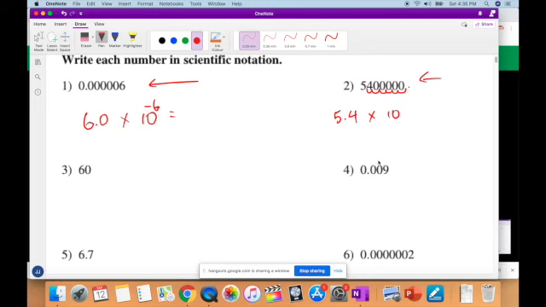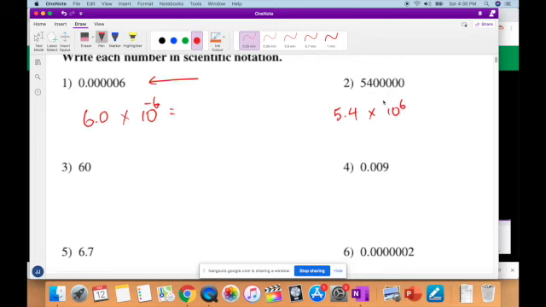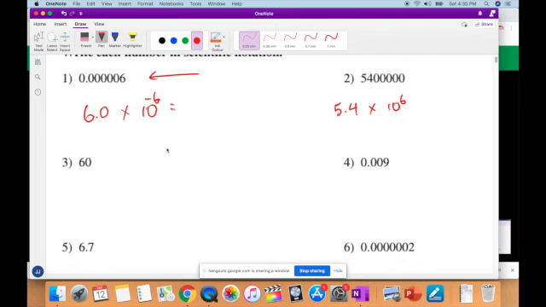So by 10 to the 6. And that will give you that. You understand, Caitlin? It's actually really easy. You just follow your decimal spaces. If you're negative, you're going in this direction, you're getting smaller. If you're positive, you're going this direction, you're getting larger.